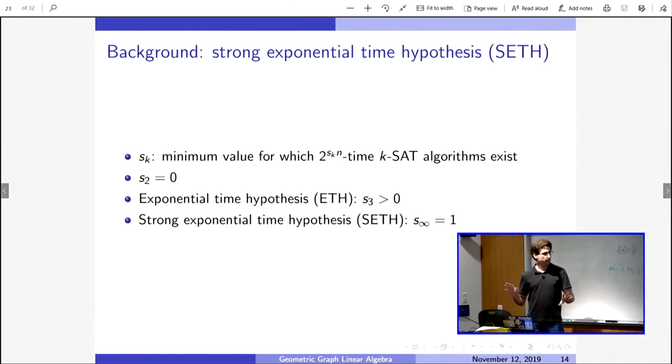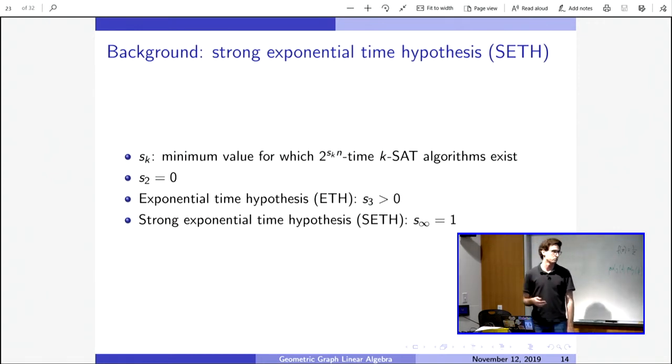Okay, so for this next part of the talk, I'll talk about how you show that SETH implies hardness. Before we talk about the reduction, we need to talk about the hypothesis that we're depending on.